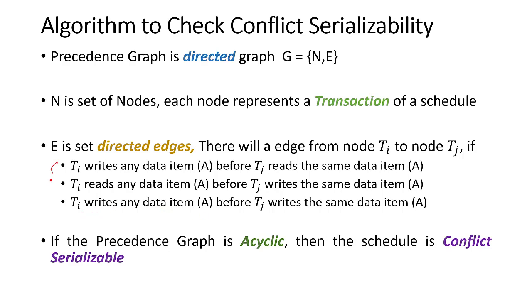So you can see that these three are basically considering the conflicting operations. Now, when we have generated the precedence graph, we look for a cycle in that graph. If there is no cycle, that is, the graph is acyclic, then we can say that the schedule is a conflict serializable schedule. And if there is a cycle, then the schedule is not conflict serializable, but it may be a view serializable schedule. Let us take an example.